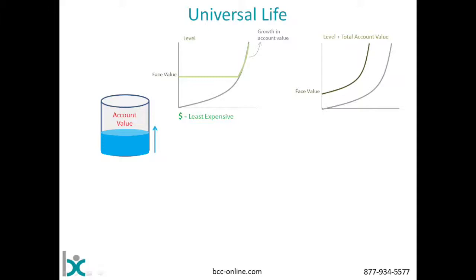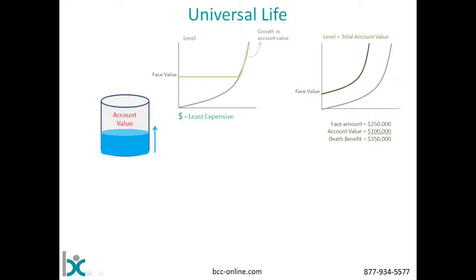So if you have a client who dies with a $250,000 face value and they have $100,000 in their account value, the death benefit with the level plus total account value is the $250 plus the $100. This person would die leaving a $350,000 death benefit.